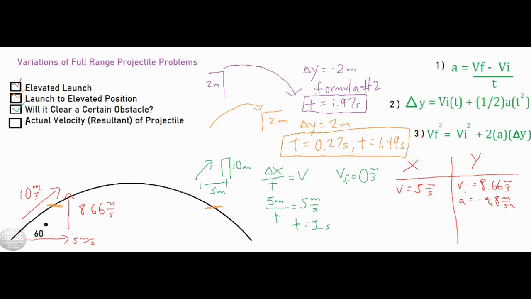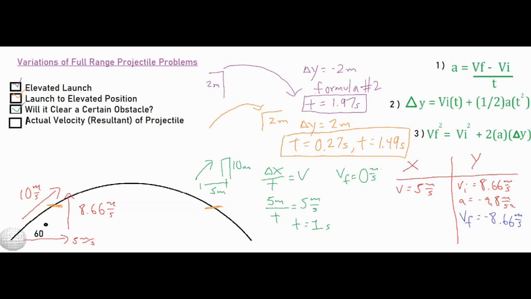So if you were doing something like that, say for example, you were just finding the very final velocity of the projectile. Now, if it comes all the way back to ground level, that final velocity is negative 8.66 meters per second. Now remember, that's only the vertical component, not considering the horizontal component. So when I'm talking about the actual velocity of the projectile, that's talking about combining those two components.